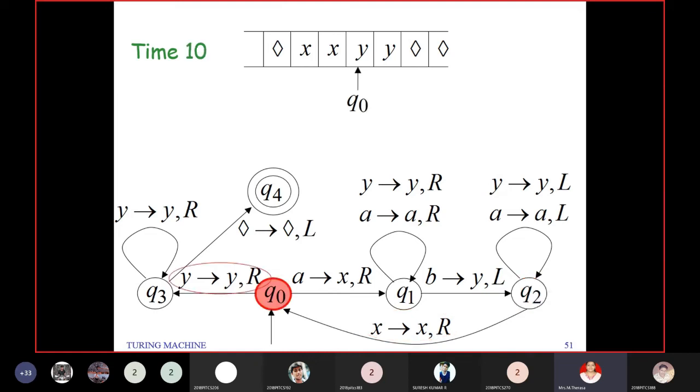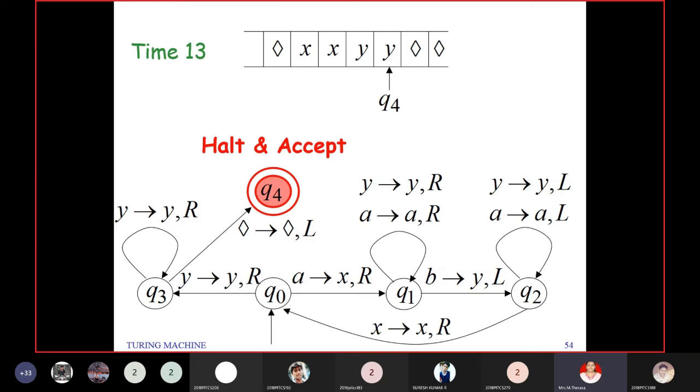While you are moving forward, if you are finding Y, then you have to keep that Y as Y but move forward until you find the blank. When you find the blank, you have to enter into Q4 and move left.